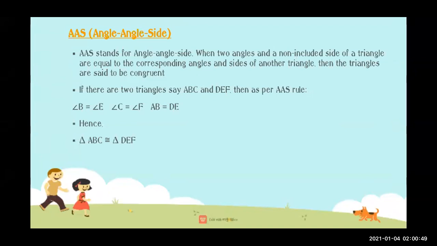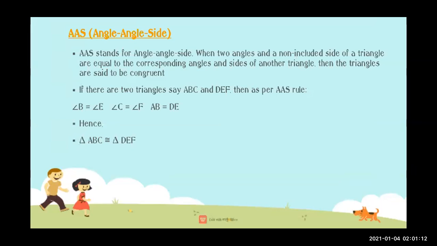There should be two angles and one non-included side of a triangle equal to the corresponding angles and side of the other triangle. That is called the angle angle side test.